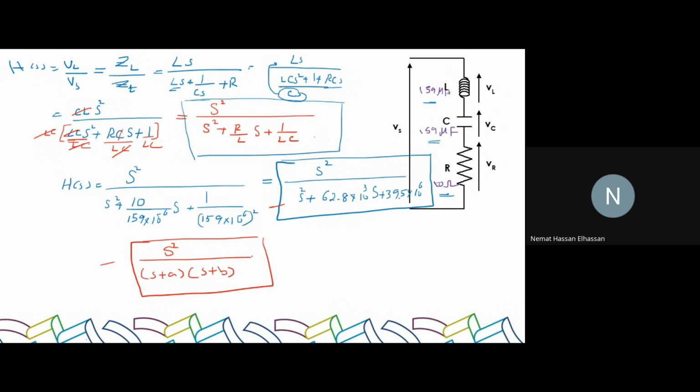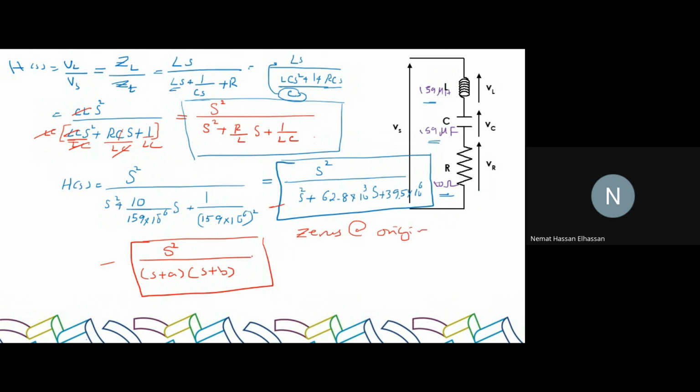Which is, if s equals 0, right? So how many zeros do we have? 1 or 2? 2, because it's s squared. 2 identical roots, right? So we have zeros, 2 of them at origin.